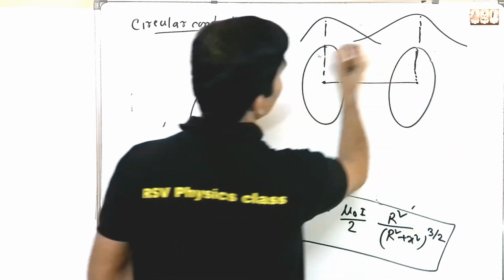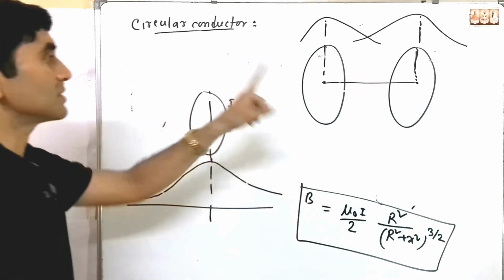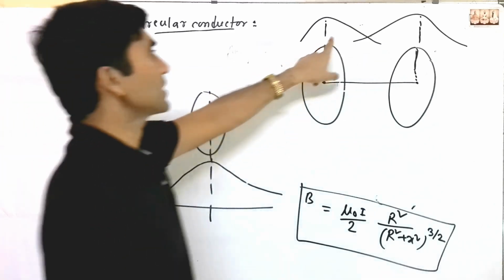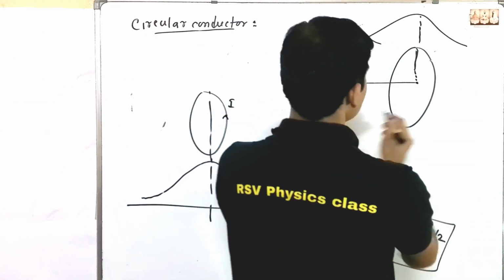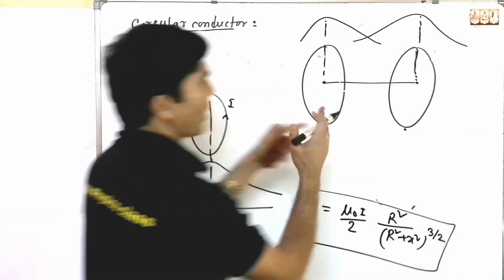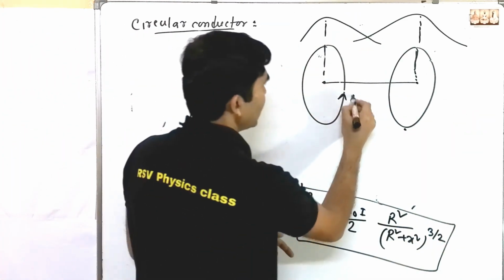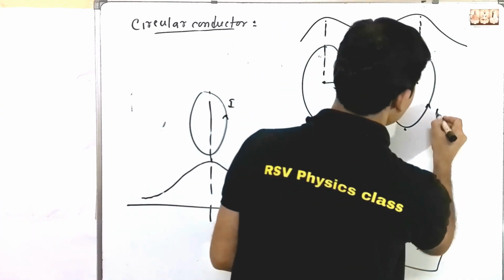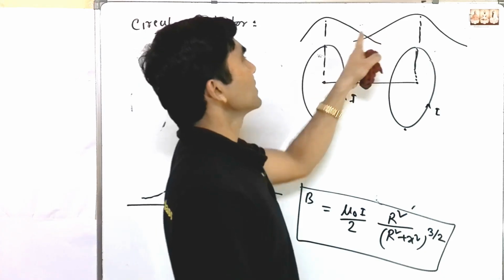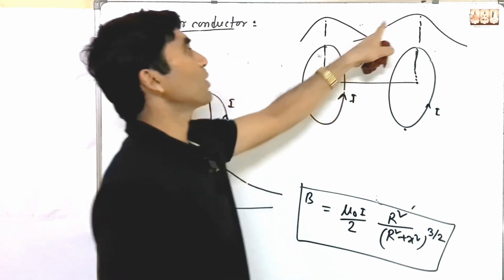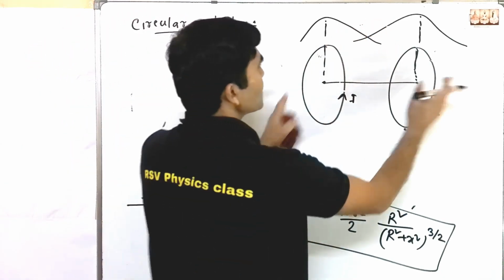You can change the coil distance with a screw. Both coils are current carrying conductors, this is I and this is also I. In the center, the magnetic field is going to be uniform if you adjust it.